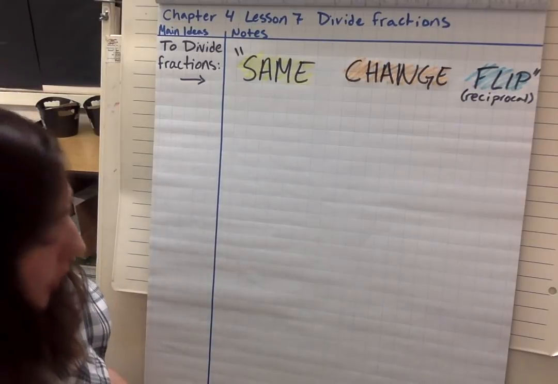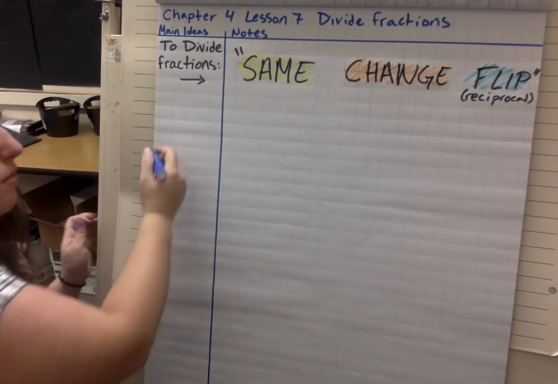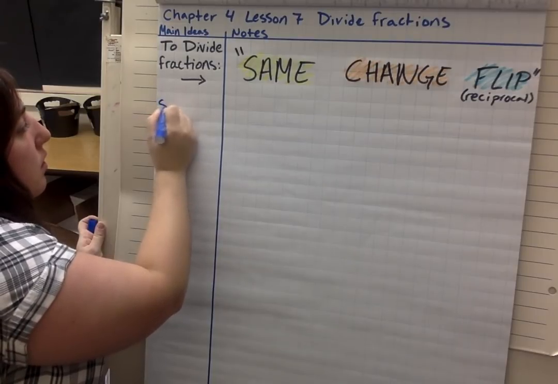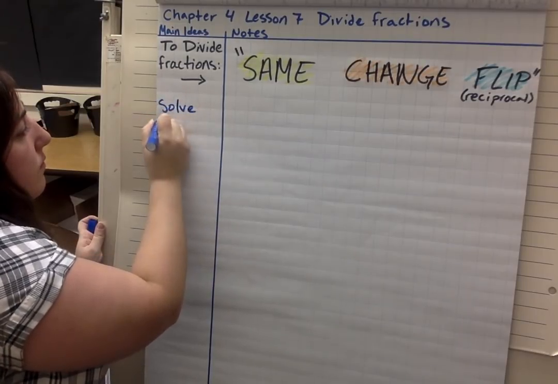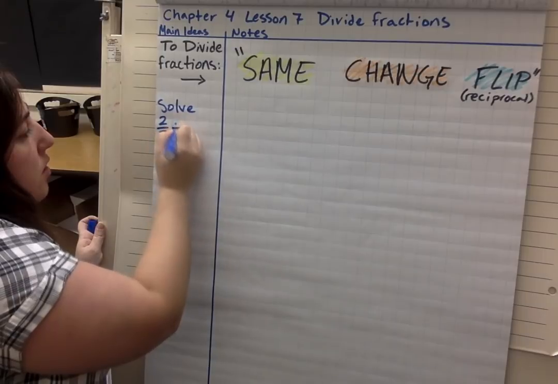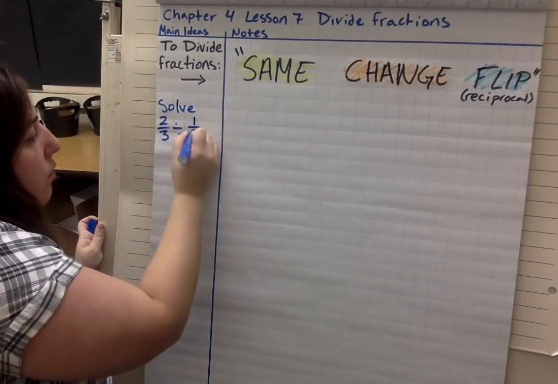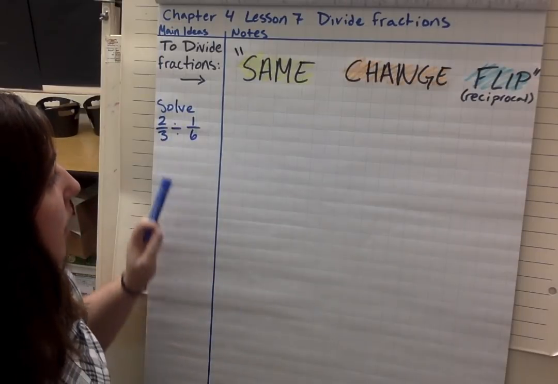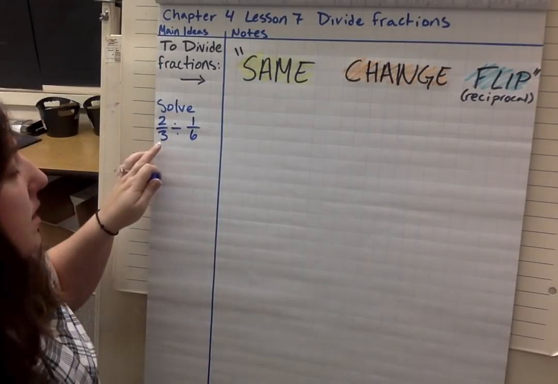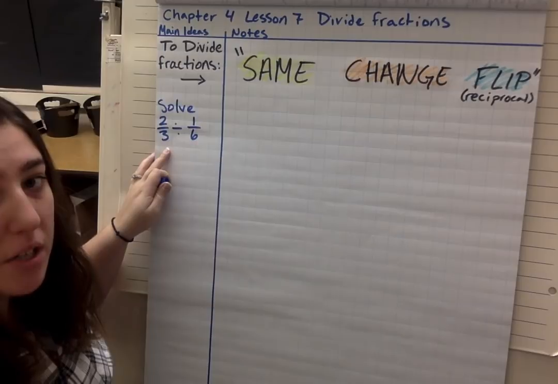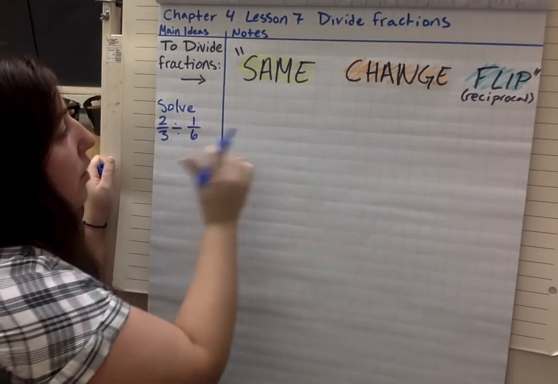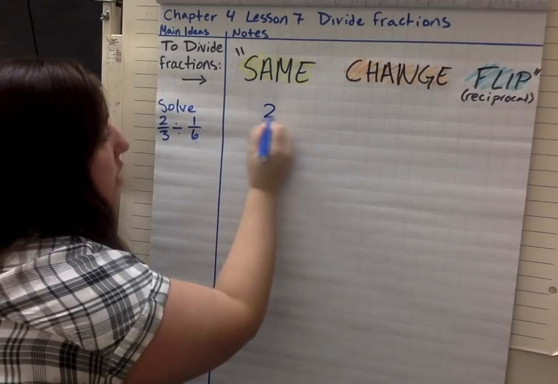So let's start our first example. Let's solve 2/3 divided by 1/6. Okay, first thing we're going to do is keep this fraction the same. Well, I'll just rewrite it over here how it originally is, and then we'll make those changes.